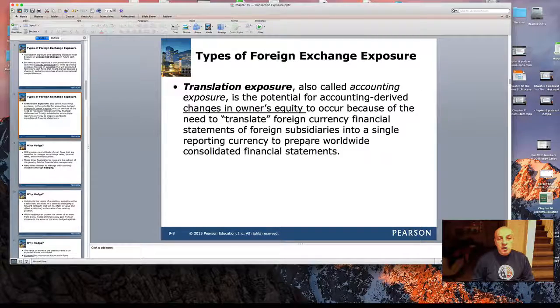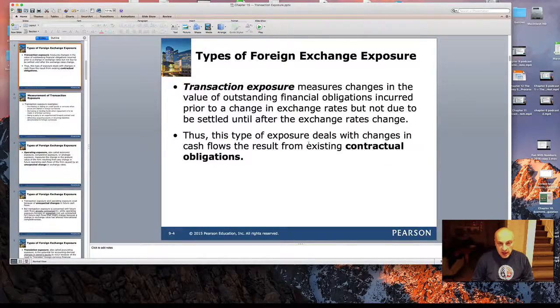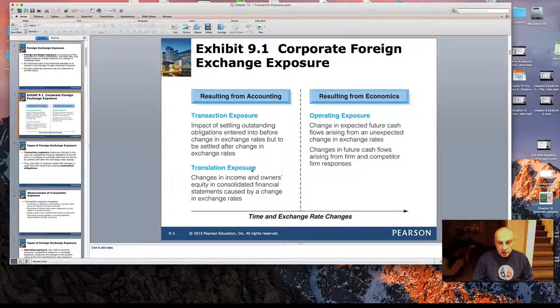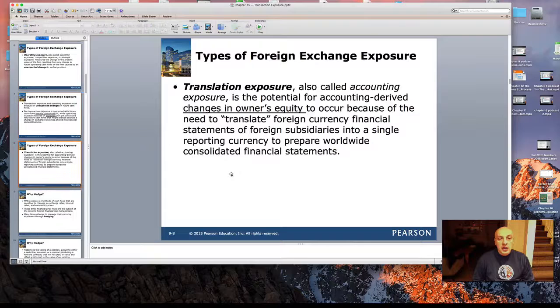When we look at translation exposure, the last one on this slide, we are looking at changes that will occur in the owner's equity account because of the need to translate foreign currency financial statements from foreign subsidiaries. So if we have foreign subs that are dealing in, let's say, the pound sterling or the euro, their statements are put together in foreign currencies.